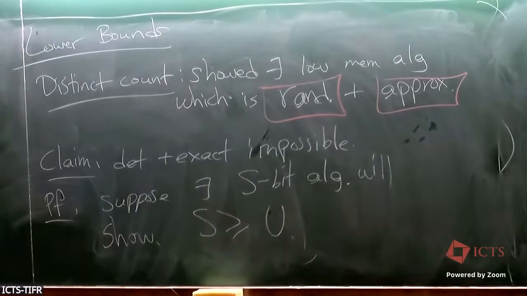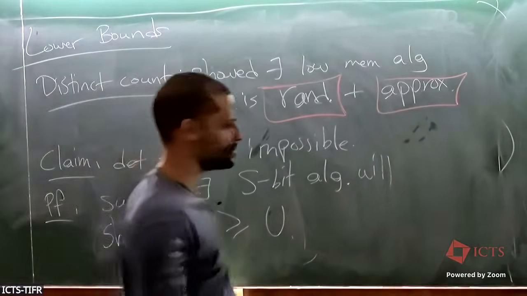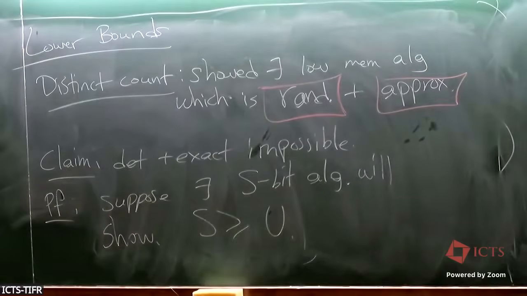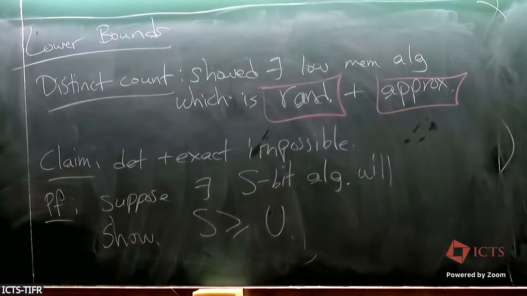Okay, so why is that? If there's a low memory algorithm, I can use it to define a compression scheme as follows. So let's say we have two players, the encoder and the decoder, the compressor and the decompressor. The encoder gets as input a subset of the universe.